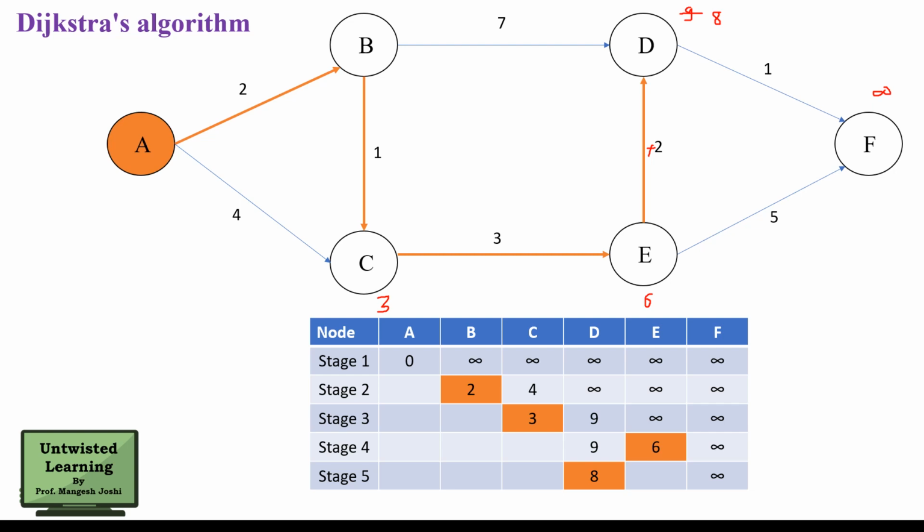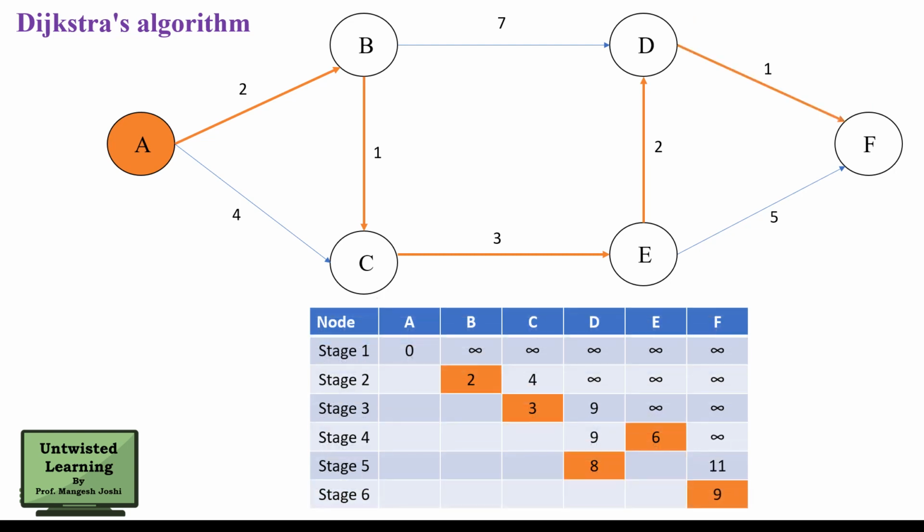From 8 and infinity, the least you have to select is 8. In the last iteration, you can see that this was 8, this was infinity, this was 6.